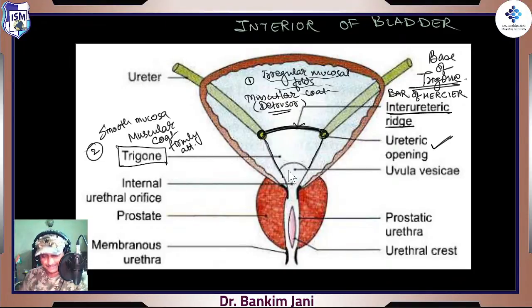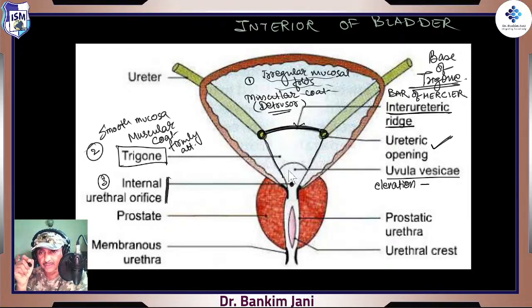The third point which we need to know is the internal urethral orifice. That's the third point. This is the uvula vesicae, a small elevation. Why that elevation?